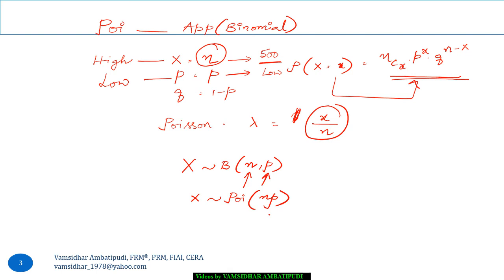So you can take lambda as np, and both should give you a similar result. The larger the value of n and smaller the value of p, I can approximate a binomial distribution to a Poisson distribution. So these are some of the things which I thought I should cover as a part of this session.